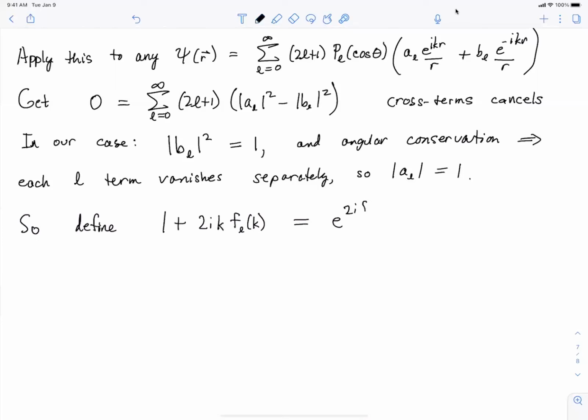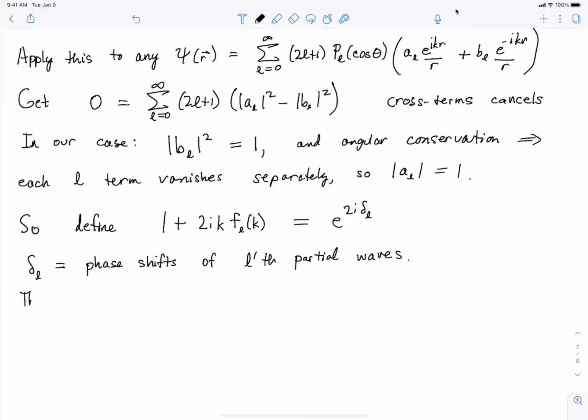And the number we call delta L. Delta L's are called the phase shifts of the Lth partial wave. So we've split our total wave function into waves for different angular momenta. And each one of those waves for a different angular momentum is called a partial wave. And these delta L's are the phase shifts.